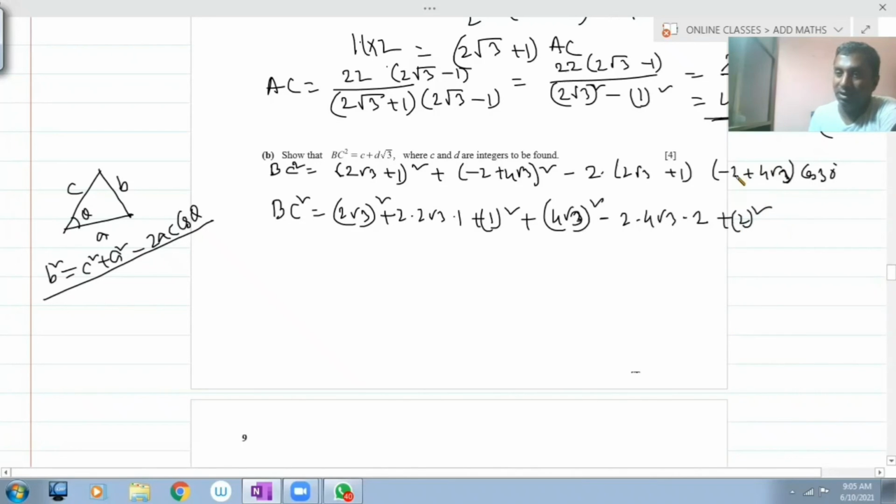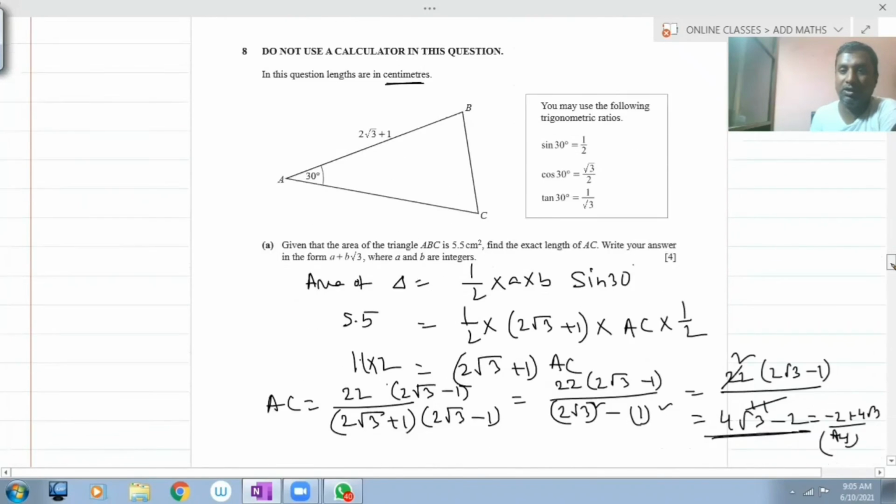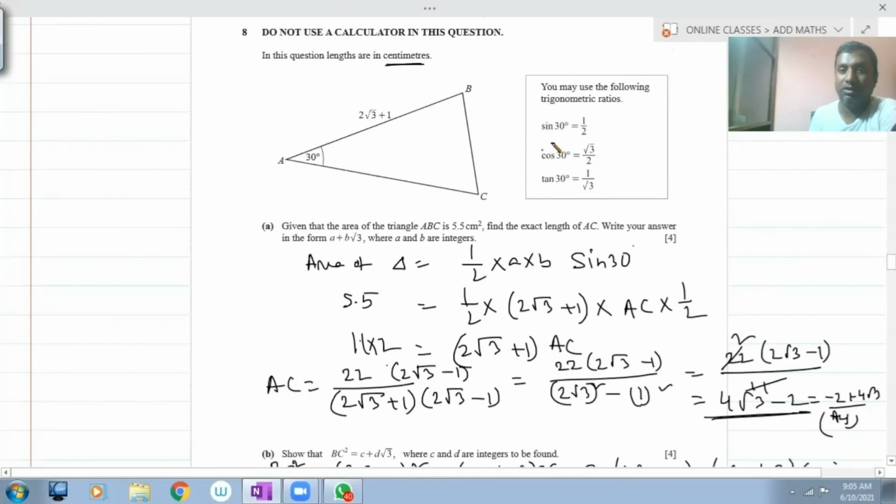We can easily solve this one. 2 be common, then it is becoming 2 root 3 minus 1, so it is becoming 4 root 3 minus 2 times 2 root 3 plus 1, then cos 30 is root 3 by 2. Cos 30 is root 3 by 2.